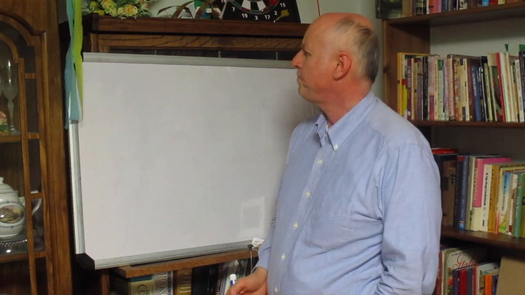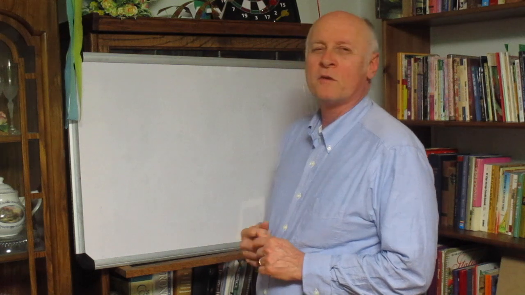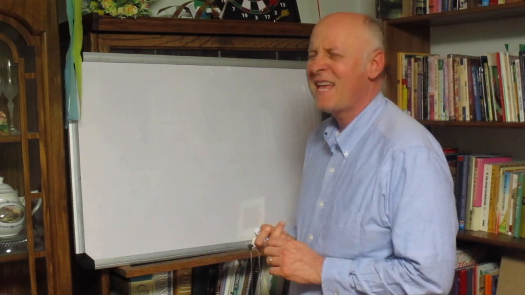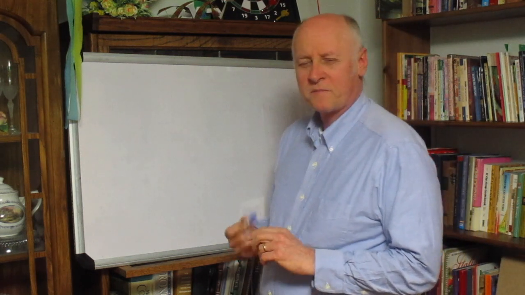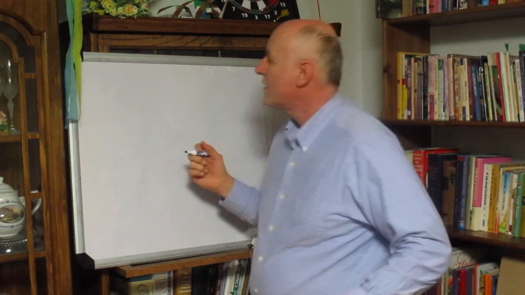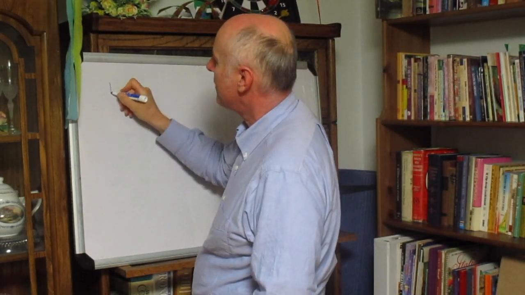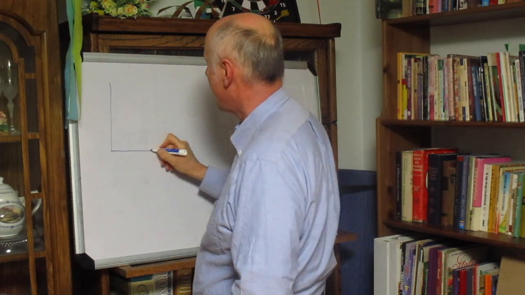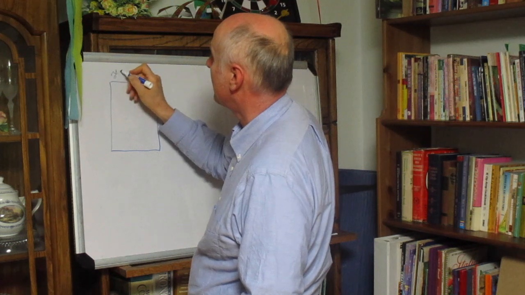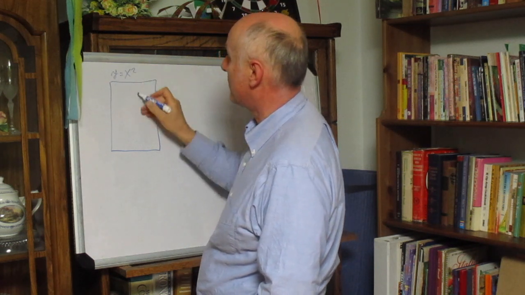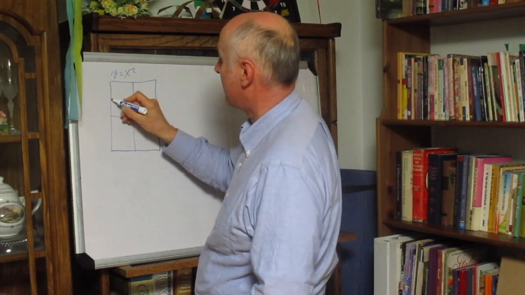Maybe a little bit of review of what we did so far, and then we'll firm up these ratios. So let's look at our old case, y equals x squared, and we put our grid down.